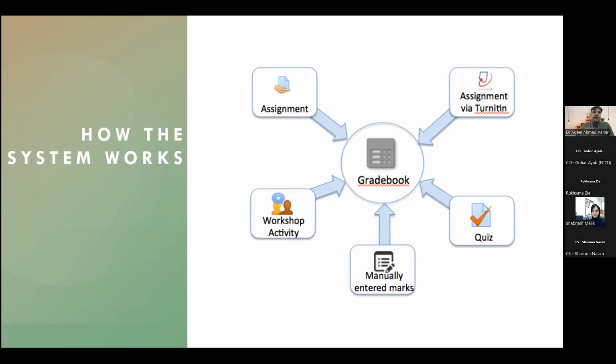If it is an independent graded item, then it's fine. But if it is under a category, it should show up under that category. The rest of the things will be taken care of by Moodle automatically, like doing the calculation and assigning a letter grade to your assignments and your courses. Everything will be done by Moodle.